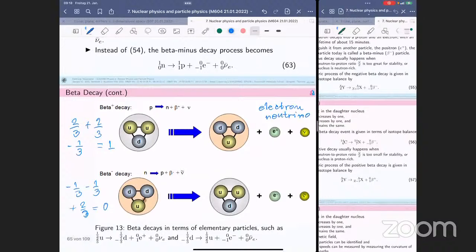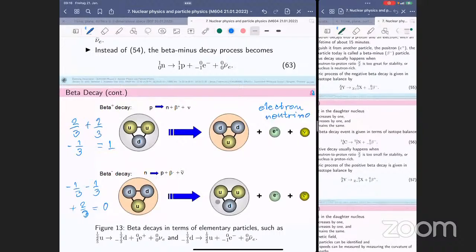Beta minus decay starts from a neutron. Okay, in the previous case the nucleus had too many protons, which turn into neutrons. But for this type of nucleus, there are too many neutrons. It's neutron rich.